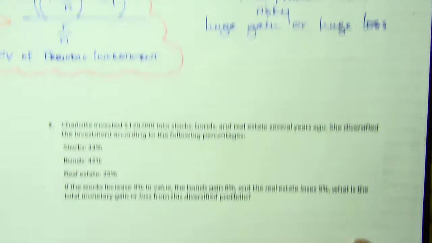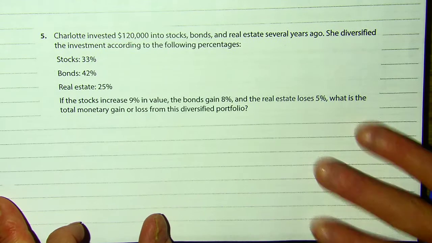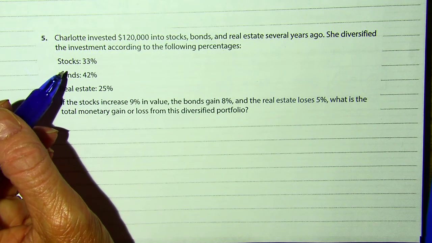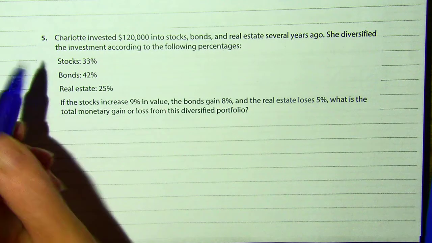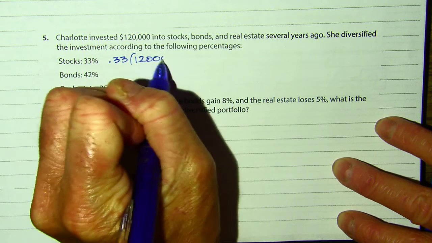Number 5. Charlotte invested $120,000 and she diversified. She put 33%, so that would be 0.33 times 120,000.